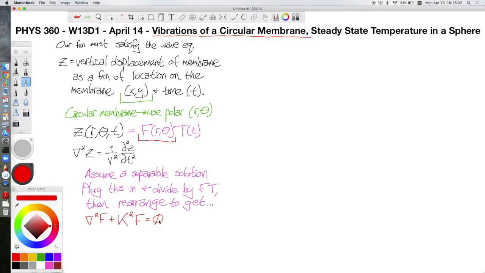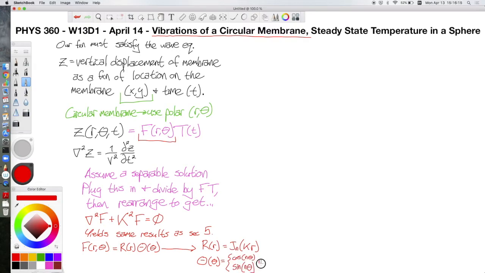And this is going to yield the exact same results from section 5, where we split f into the r and theta components separately, which had the solutions that r was a Bessel function and theta was sines and cosines. The sines and cosines are of n theta, where n is an integer.